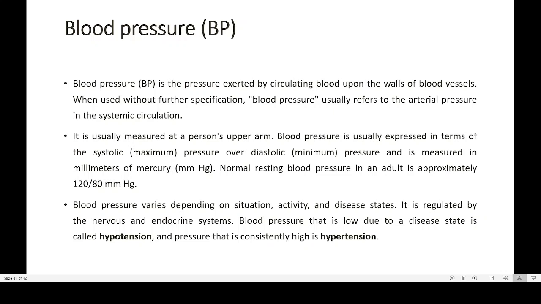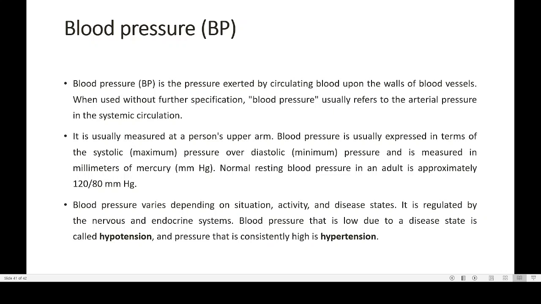And normally, this 120 is the normal maximum pressure. If it is going to 130, you can do some exercises, make some control in food habits, eat less fat and other things, so that to a certain extent you can reduce it.